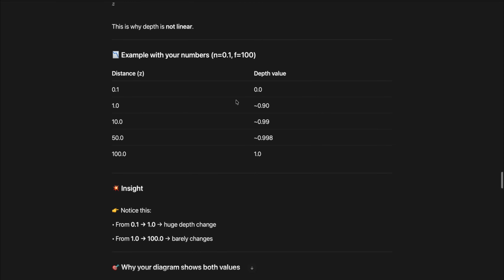We need more granularity closer to the camera, because we don't want the flickering. We want distinction between any small difference in distance closer to the camera. But as for the stuff farther away, we really don't care. That's my read of it. I might not be entirely correct, but that's my intuition.